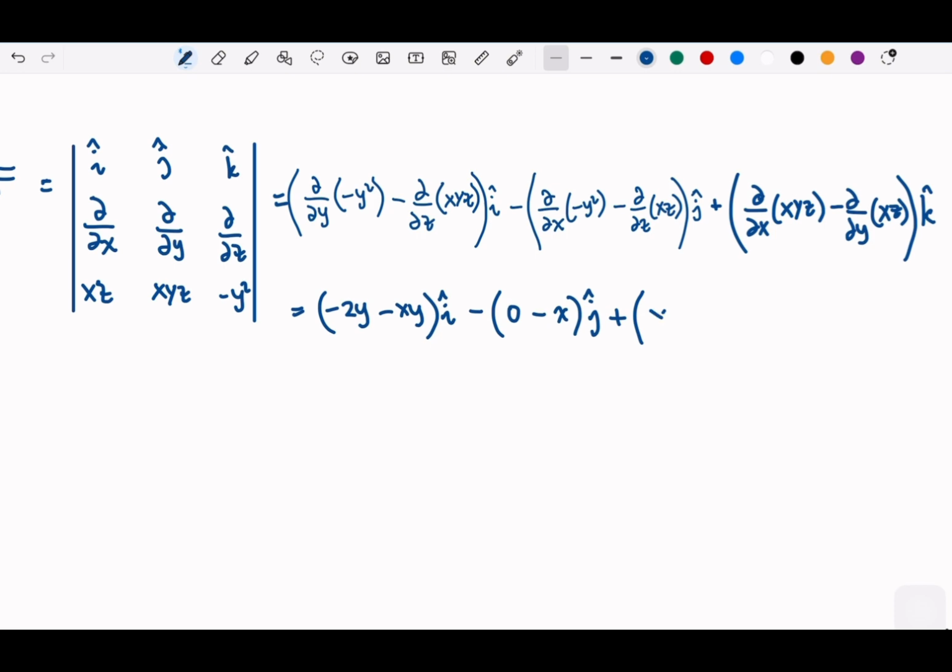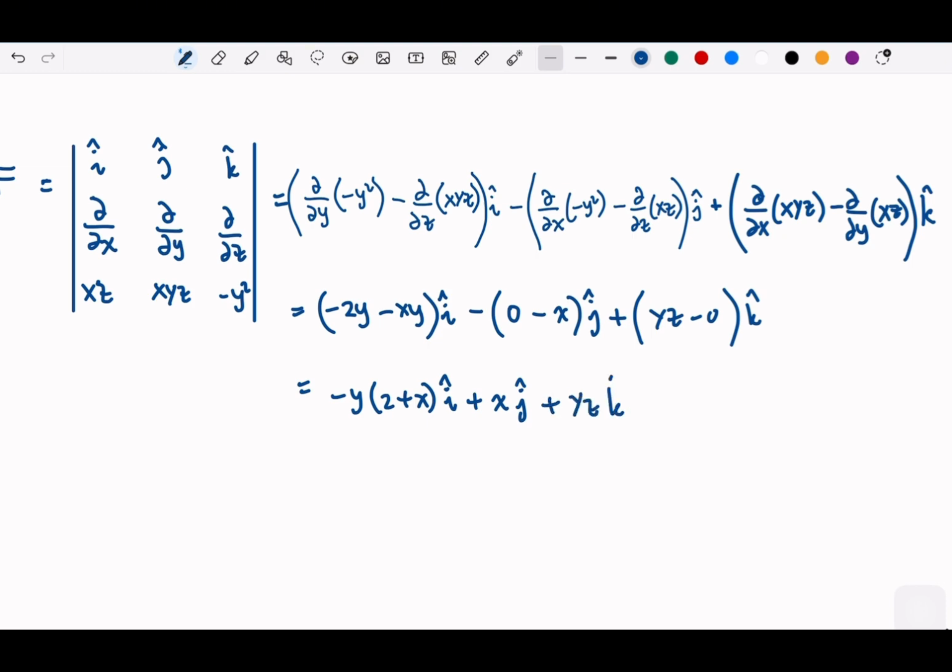This will be yz minus 0, right? Minus 0. So this is k. So we have negative 2y, or maybe let me factor out negative y, 2 plus x, this is i, plus x j plus yz k. Okay. And this will be the curl f.